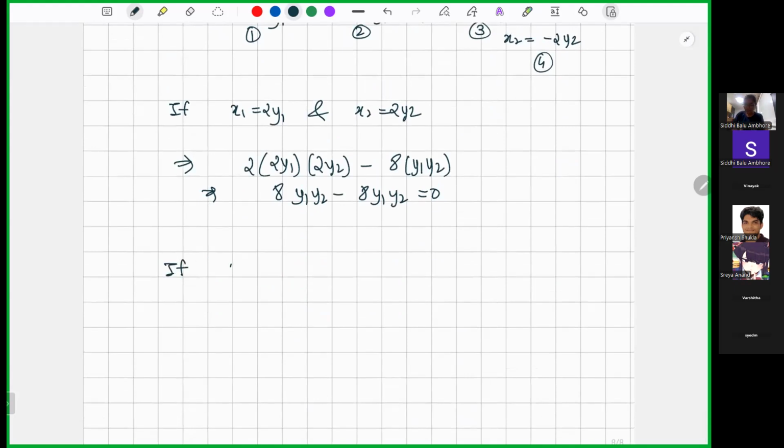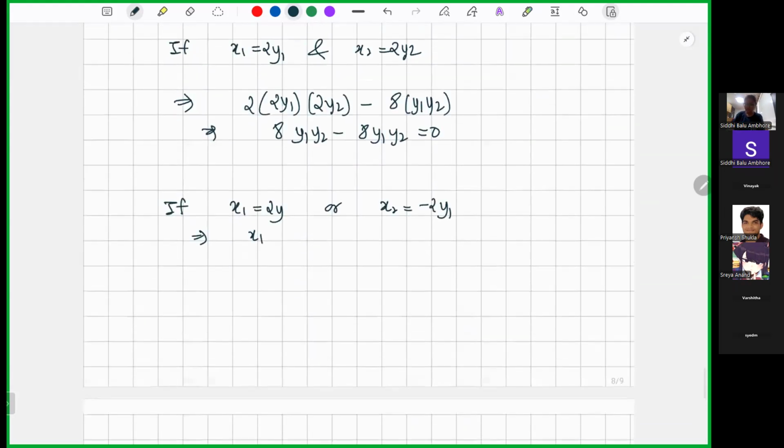And now the second case, if x1 is equal to 2y1 or x2 is equal to minus 2y2, in that case, what I'm getting is 2 x1 x2 minus 8 y1 y2. This is 2. x1 is now my 2y1, x2 is minus 2y2. This is minus 8 y1 y2.